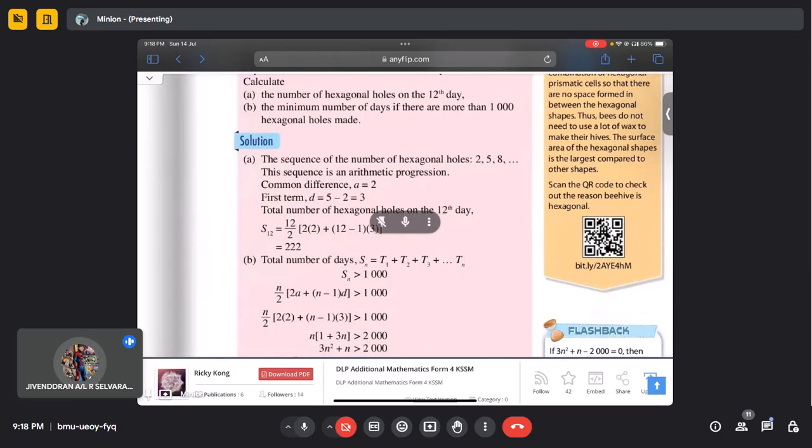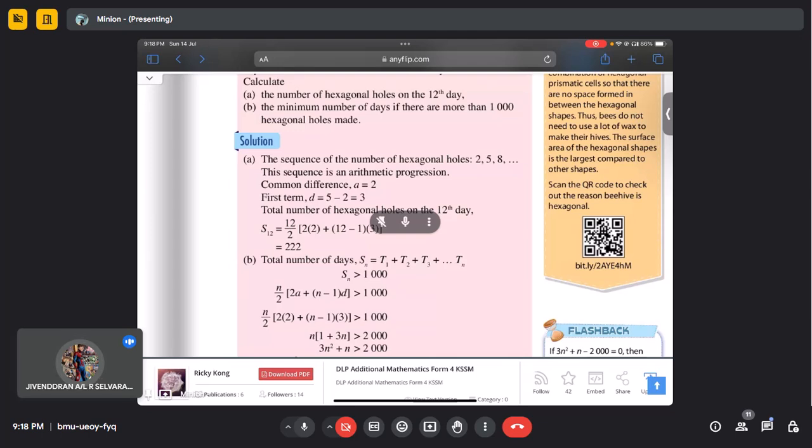Okay. Calculate the number of hexagonal holes on the 12th day. That means they're asking S12, the total number of hexagonal holes on the 12th day. So from the first day to the 12th day, how many hexagonal holes are there?